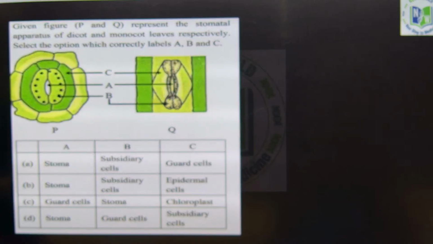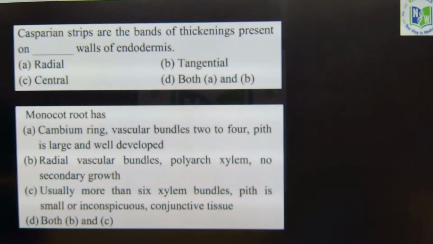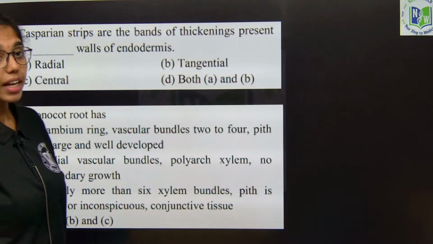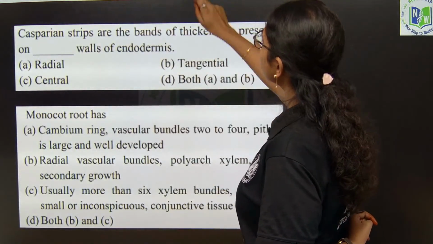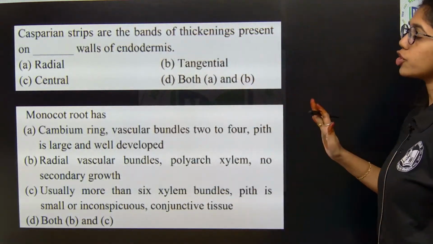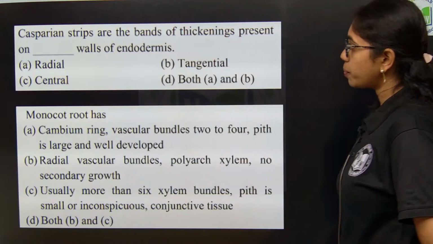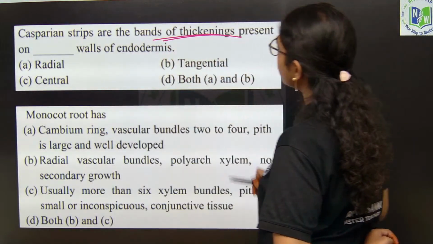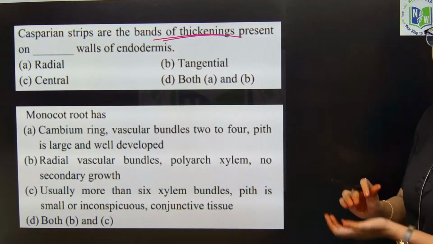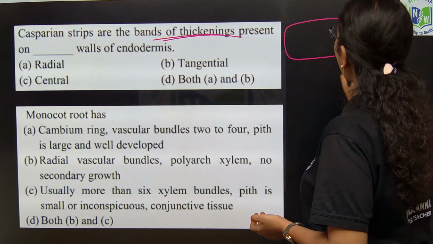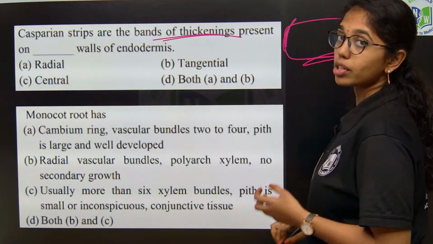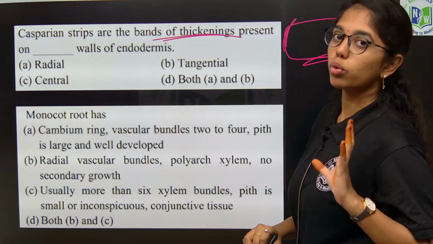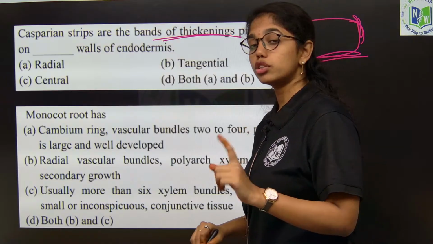This question you see, Casparian stripes. The question is about Casparian stripes, the bands of thickenings present on dash walls of endodermis. These are present in both radial and tangential walls of endodermis in the root, both dicot root and monocot root.